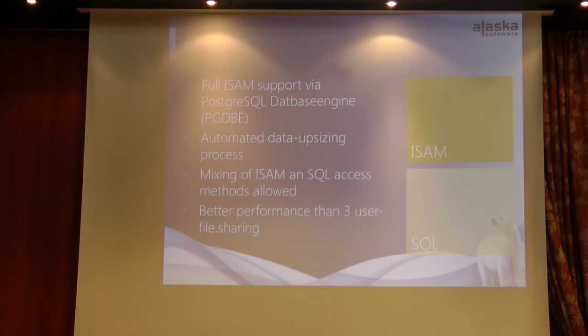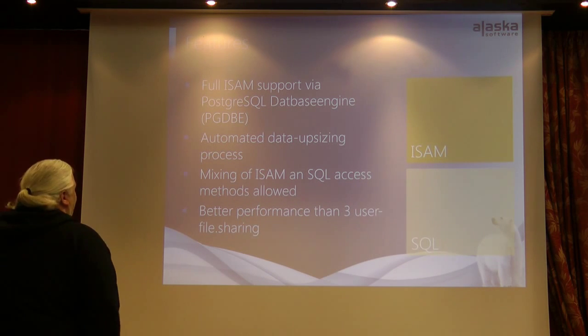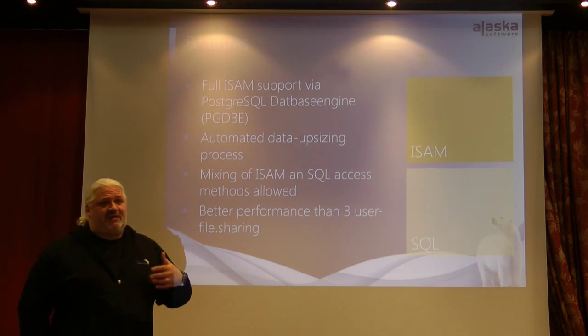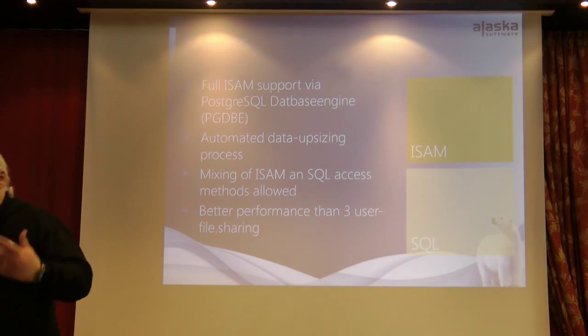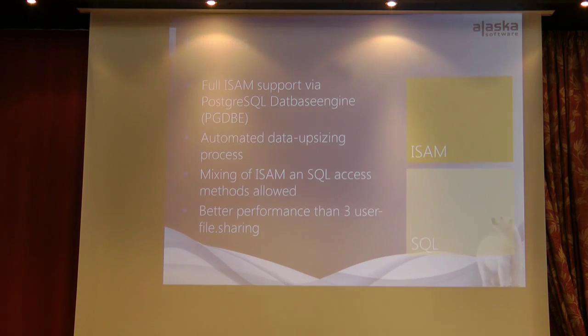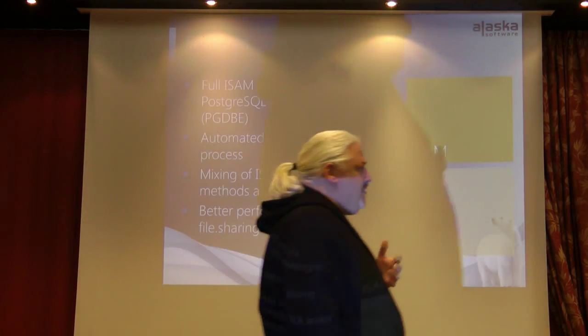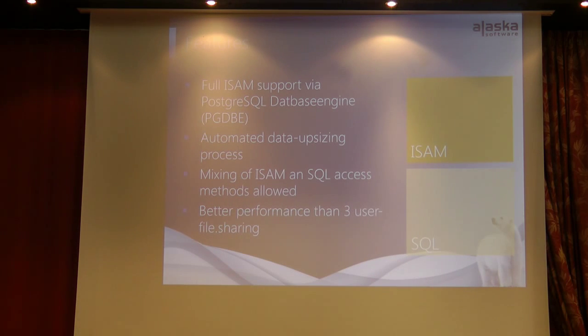What are the features of the Postgres database engine? First of all, the primary goal is to provide full ISAM, index sequential access methods, to a SQL database and storage. This is done by caching heuristics, which means the database engine selects chunks or pages of data from the server side and caches them, to create this navigational experience.